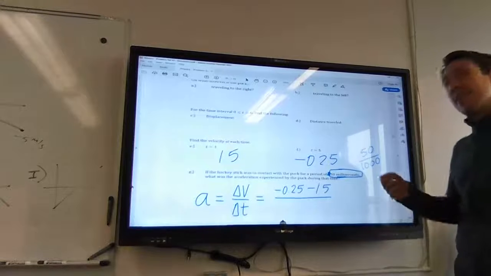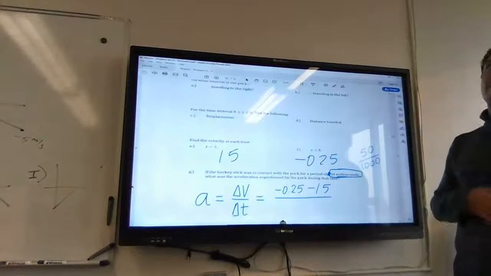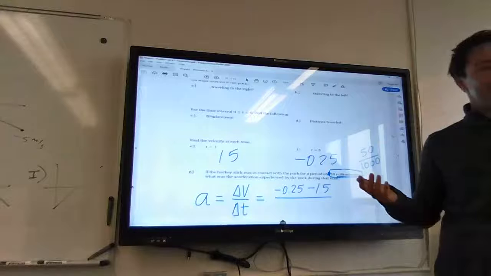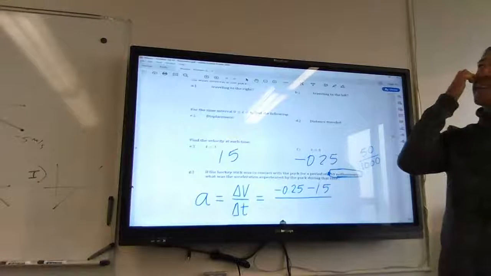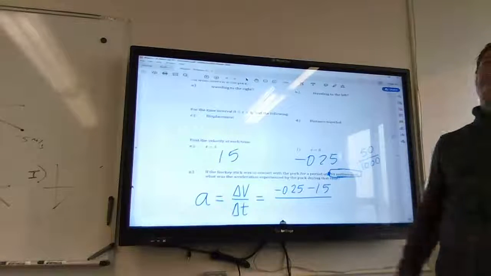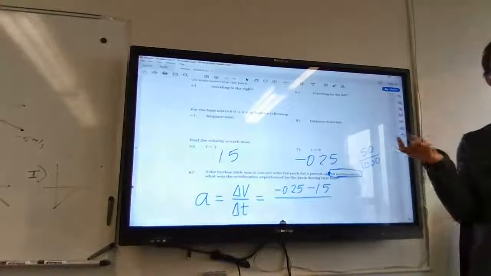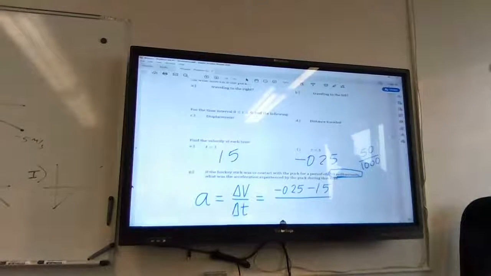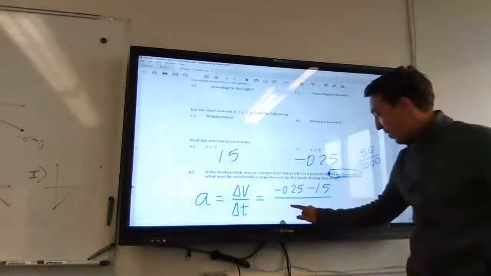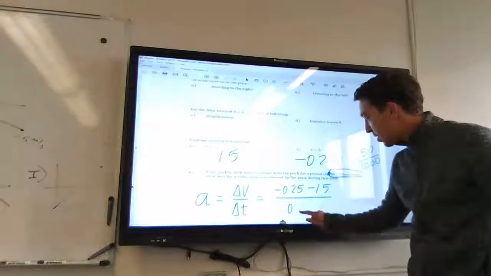A millisecond is a thousandth of a second. A milligram is a thousandth of a gram. A milliliter is a thousandth of a liter. Anyway, so this number down here is 50 thousandths.